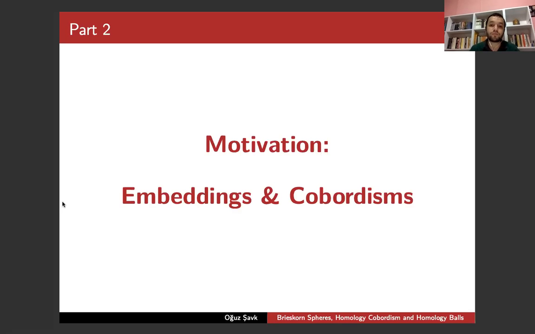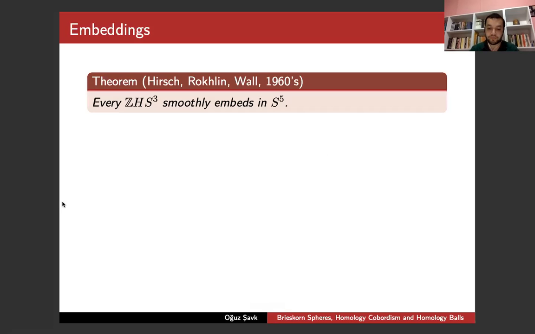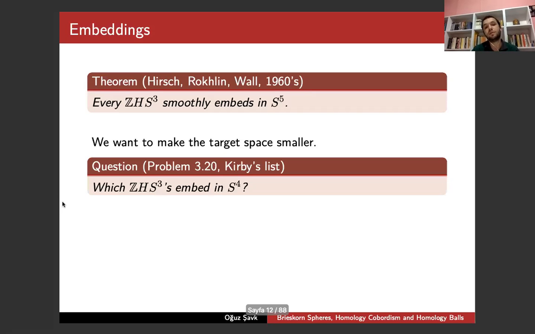First of all, we know that every integral homology sphere smoothly embeds in the five-dimensional sphere. This result is due to Hirsch, Rokhlin, and Wall independently around the 1960s. So we want to make the target space smaller, and we ask which integral homology spheres embed in S4.